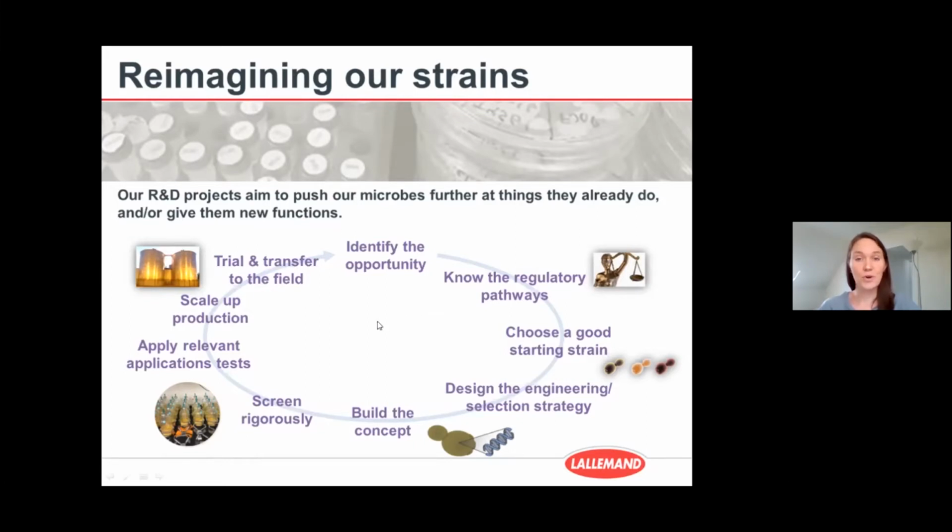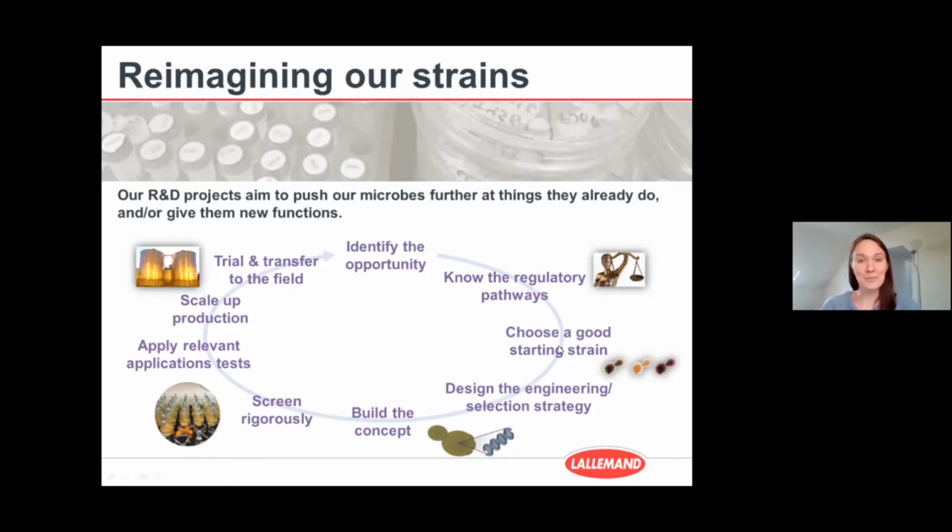So first, it's important to identify that commercial opportunity, and then make yourself familiar with the regulatory pathways and regulatory considerations that will be applicable to that product concept. And then it's time to get started in the lab. So choosing a good starting strain we see as one of the most critical decisions that you can make for a project.